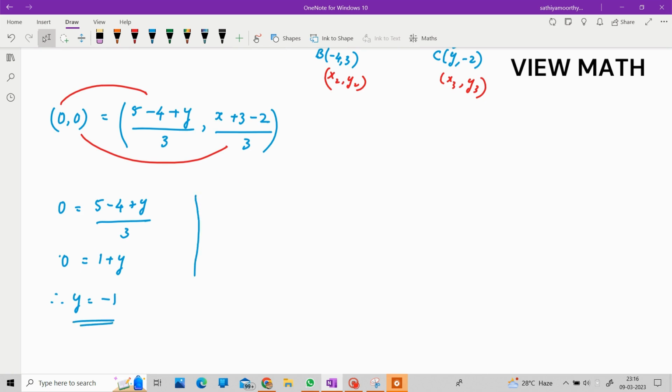Next, let me equate the y coordinate. 0 is equal to x plus 3 minus 2 by 3. 3, if I bring it to the other side, 3 into 0 is equal to x plus 3 minus 2 is 1. So therefore 1, if I bring it to the other side, becomes x is equal to minus 1. So we have found out the x value and y value. X is minus 1, y is also minus 1.